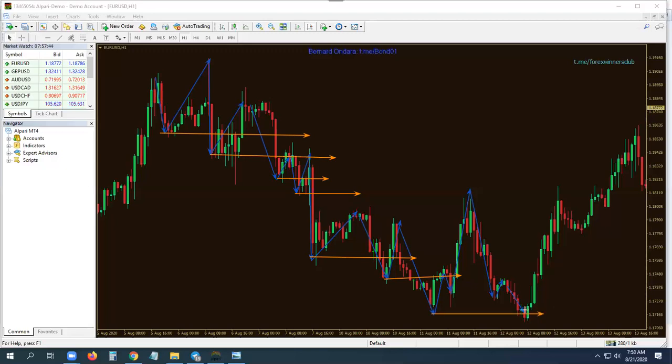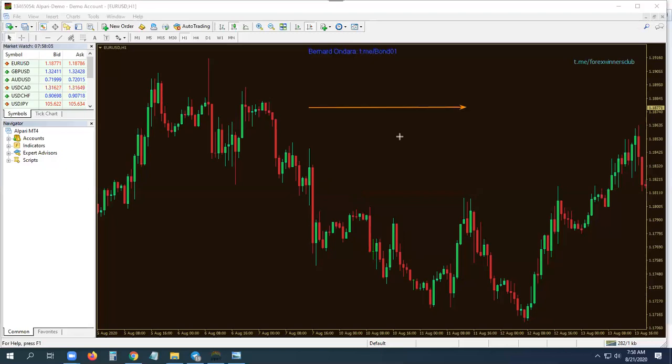Here, a breakout also. Here, a breakout. Here, a breakout to the upside. Here, a breakout to the upside. So a breakout is simply when price moves above your trading range or above your zones or below your zones.